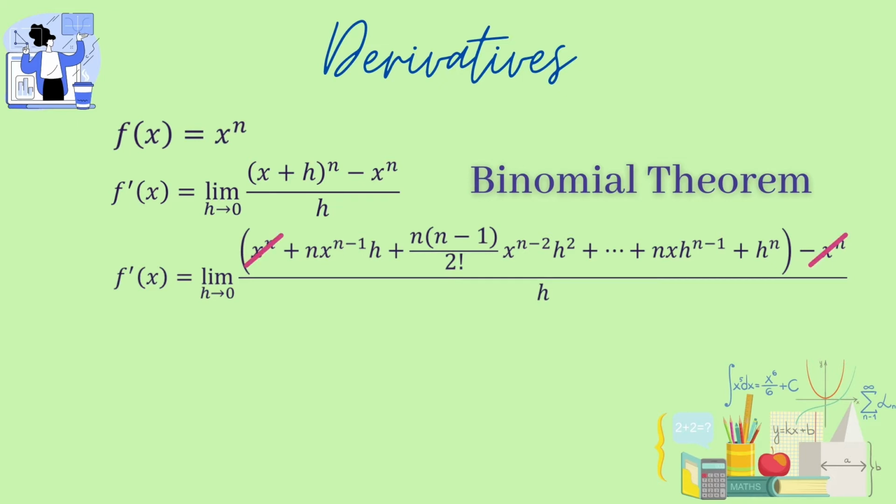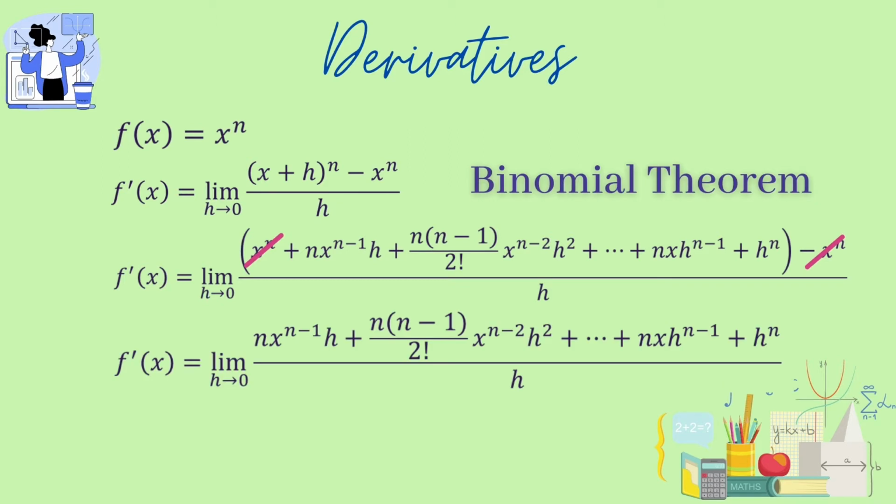X to the n minus x to the n is equal to 0, thus rewriting the expression with all remaining terms having a variable h. With h in the denominator, we can cancel h from the first term.